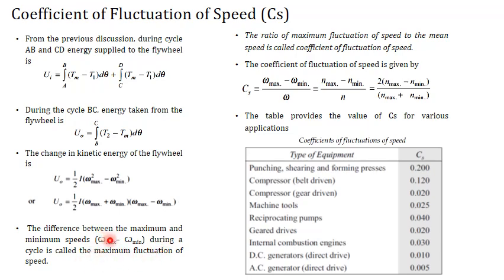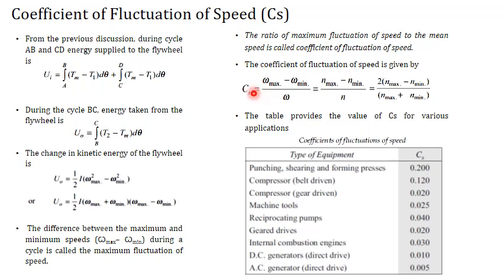So omega max minus omega min is the maximum fluctuation of speed, whereas the coefficient of fluctuation of speed can be defined as the ratio of maximum fluctuation of speed to the mean speed. Here omega max minus omega min is the maximum fluctuation of speed, whereas omega is the mean speed of the flywheel.